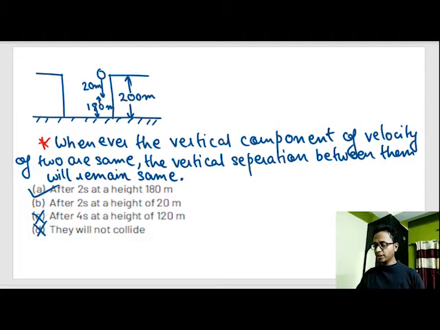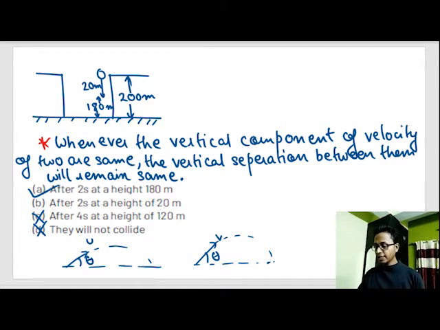Suppose a projectile is thrown with some angle, with u and theta. Another projectile is thrown with v and phi.